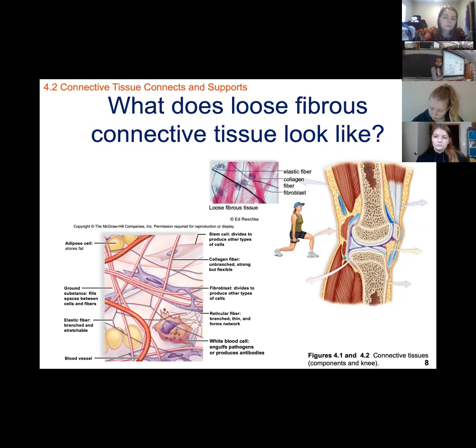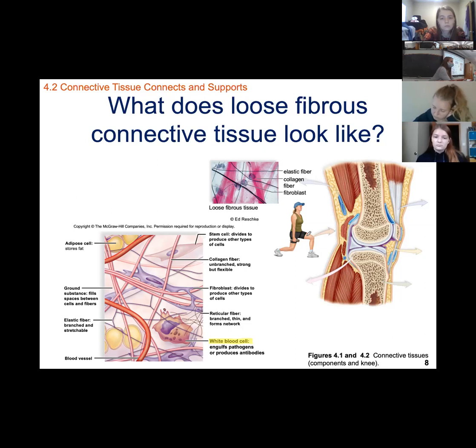We have the reticular fiber, which is branched, thin, and forms a network, and we have a white blood cell that engulfs pathogens or produces antibodies. So that seems kind of important nowadays. Those white blood cells down here. Let's see if I still have my highlighter. There we go. That's important for fighting off infections, pathogens, invaders into our body.